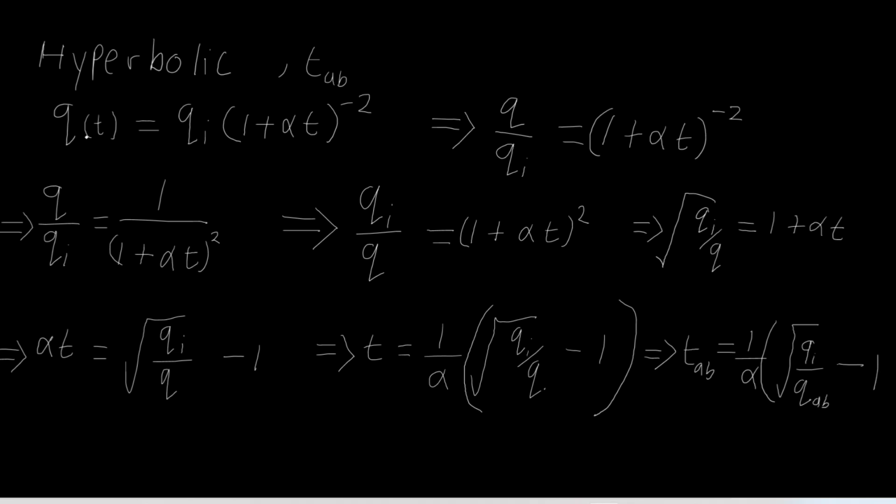Our square root is just ending here. It's not affecting the 1. So be aware of that. Okay. So this is the value for our abandonment time for hyperbolic.